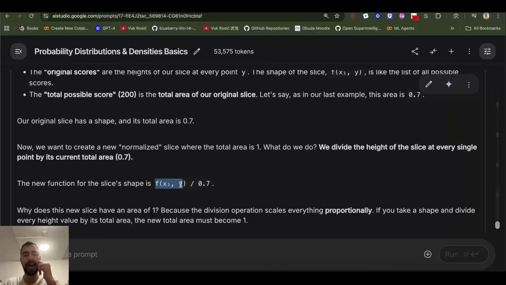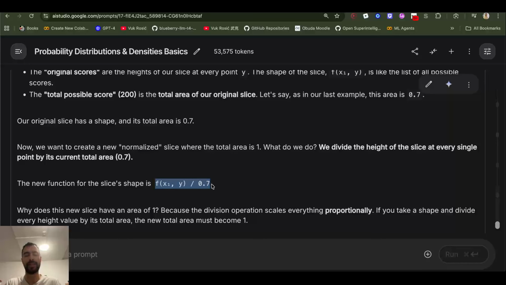Let's say the current area below this function is 0.7. If you want to make the area below this function equal to 1, we just need to divide by the current area of 0.7. And now, if we look at this whole thing as a new function, it will have the area under it equal to 1.